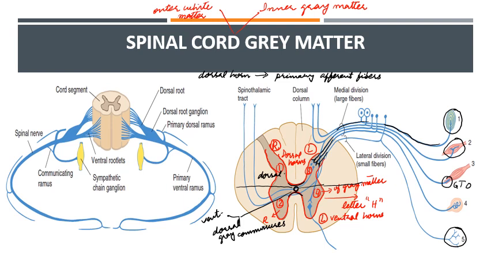The tip of the dorsal horn, as we can see here, is separated from the dorsolateral surface of the cord by a small and thin fasciculus that is called the tract of Lissauer.